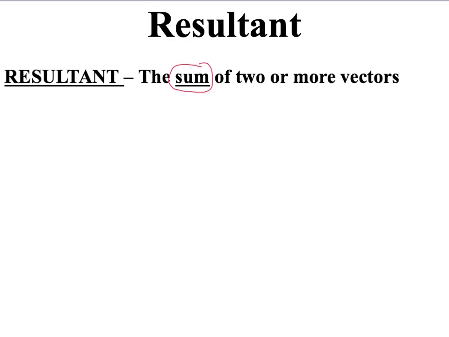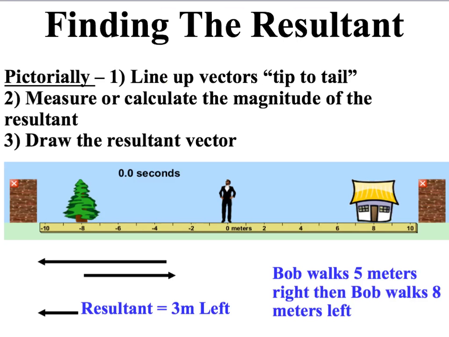Let's try one. So I'm going to use our example with Bob walking 5 meters to the right and then 8 meters to the left. To find the resultant, you can do it 2 ways. You can do it as kind of a picture where you line up the vectors tip to tail, just like what's shown here.